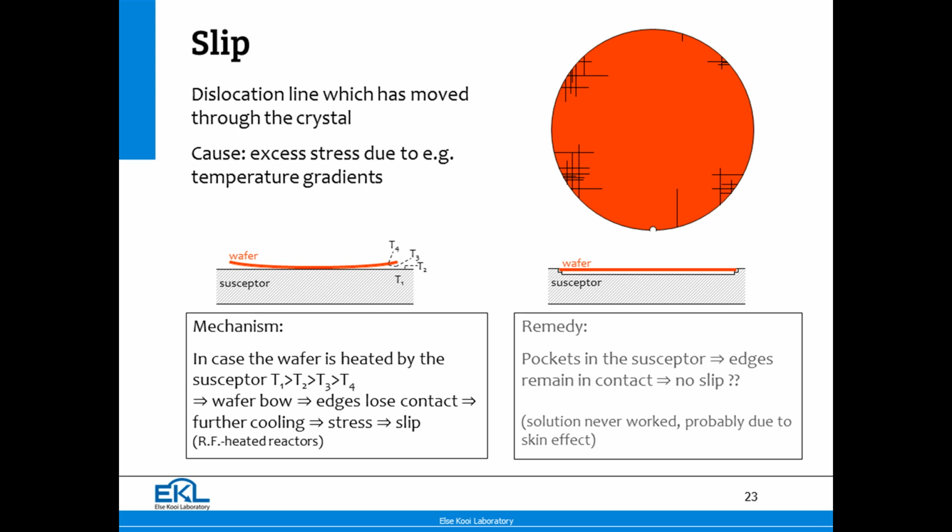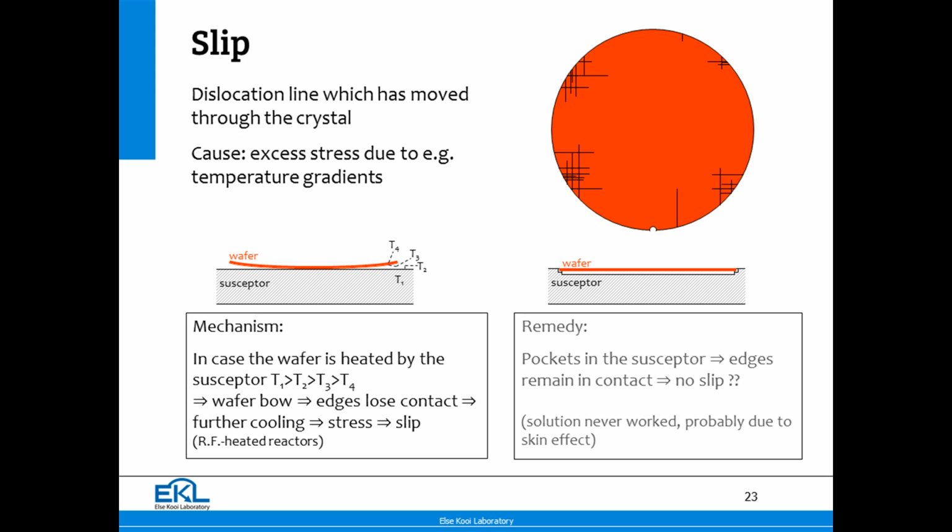In the old days, there were a lot of RF heated reactors, so it was suggested to do something like this: a pocket, make sure that the edges are in contact with the susceptor, and yes, probably a good idea. It never worked. RF heating suffers. Well, the susceptor is not uniform enough anymore.